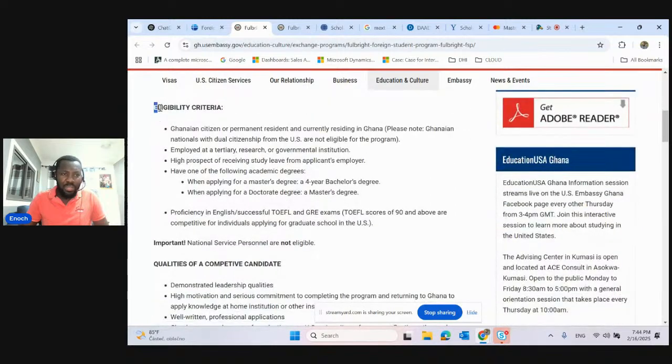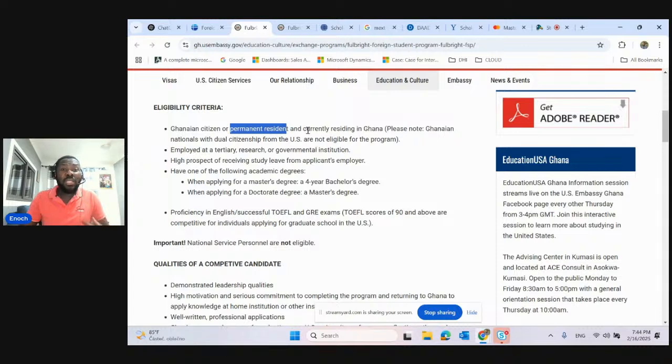Now you come here, you see the eligibility criteria, right? Ghanaian citizen or permanent resident and currently residing in Ghana. You see, they have given two main criteria. One is to be a Ghanaian citizen or be a permanent resident.